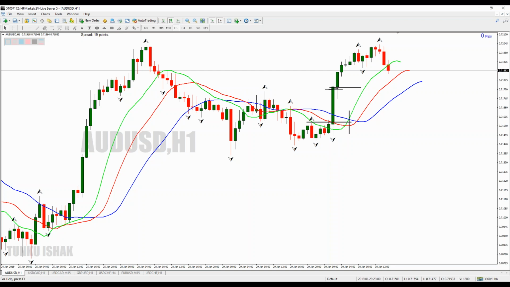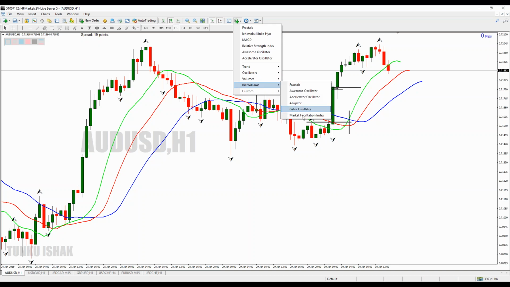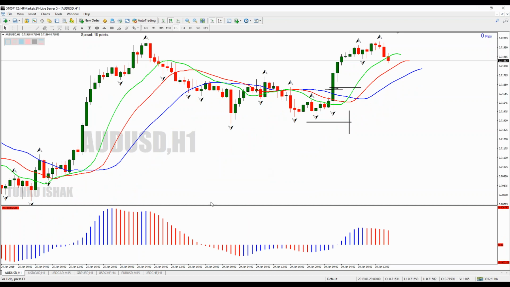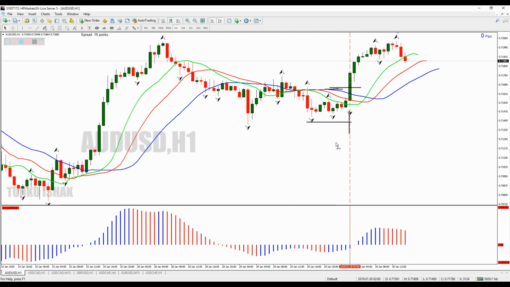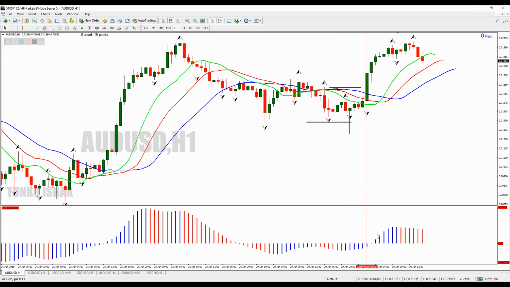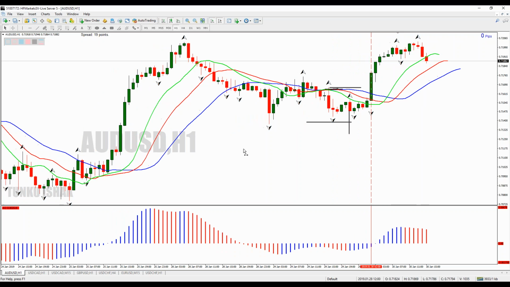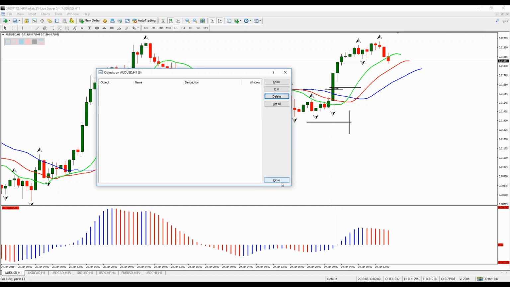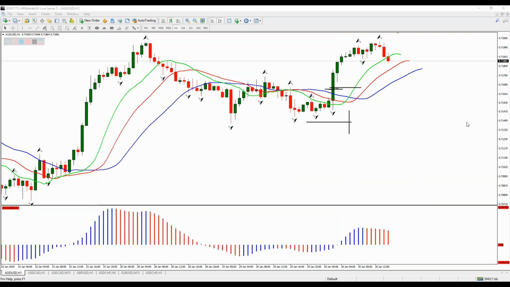One of the ways. Okay, there are other ways you can explore. Alligator plus the Bill Williams awesome oscillator. Okay, awesome oscillator, when the price is crossing the zero, that is a possible entry point, like this one. Okay, price is crossing the zero. That is our entry point. And try to look and combine with the fractal and alligator. Remember, our main topic is alligator.